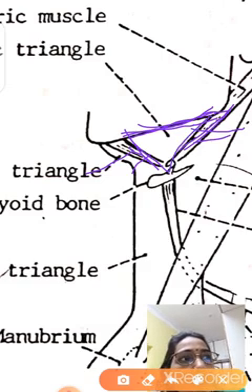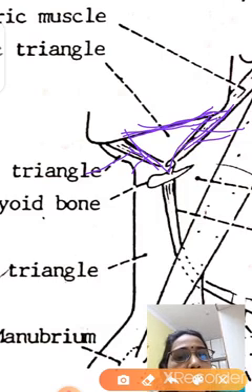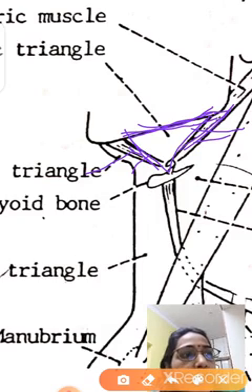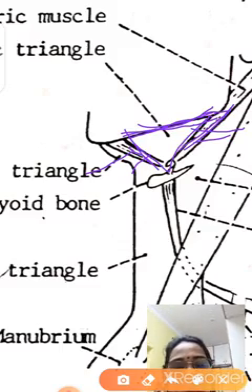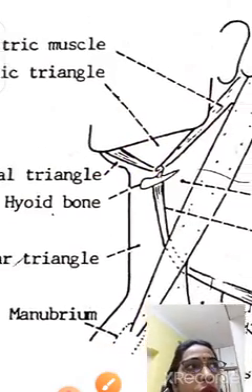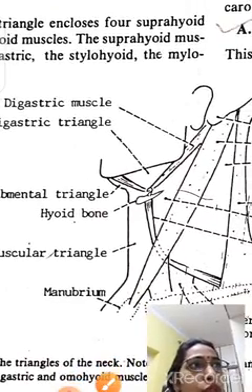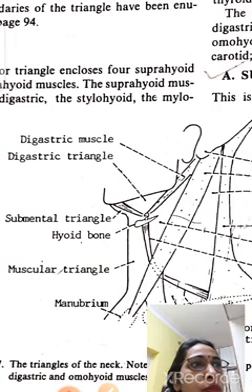Okay, the roof of the triangle is formed by the skin, the superficial fascia containing the platysma, the cervical branch of the facial nerve, and the ascending branch of the transverse cutaneous nerve of the neck, and deep fascia which splits to enclose the submandibular salivary gland.